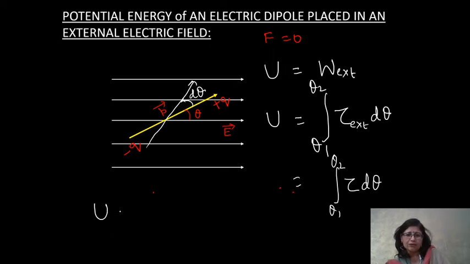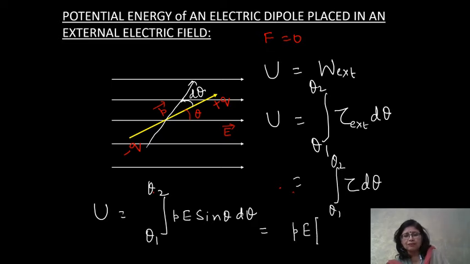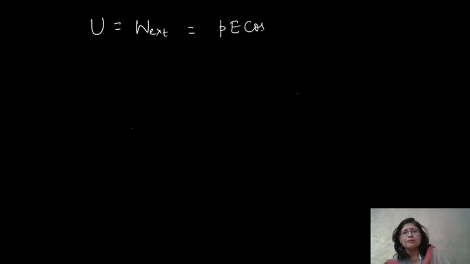After putting the value of tau, we will get the integral of PE sin theta d theta from angle theta 1 to theta 2. After solving this, we get minus cos theta, lower limit theta 1, upper limit theta 2. The final formula is that the work done by the external agency is equal to PE (cos theta 1 minus cos theta 2).